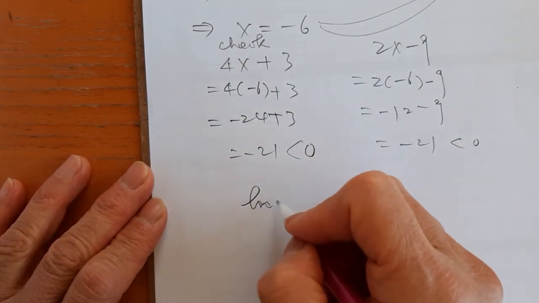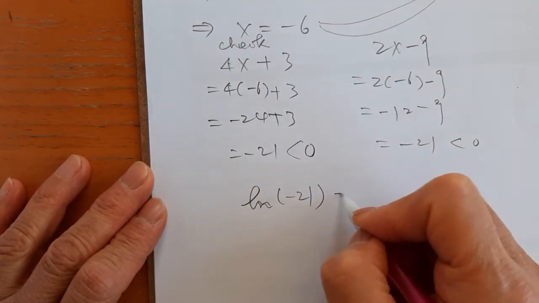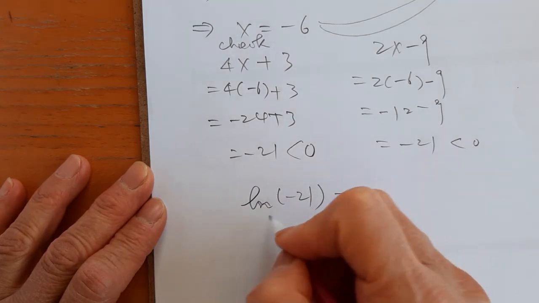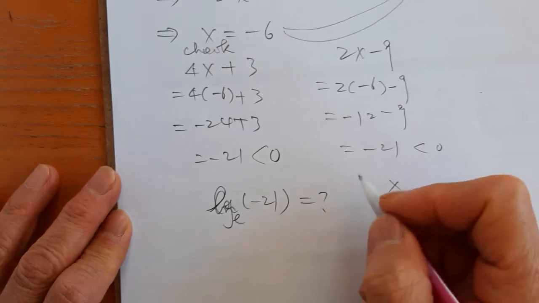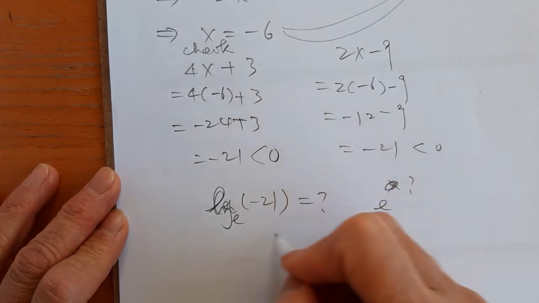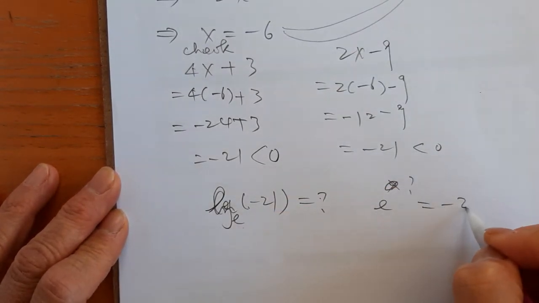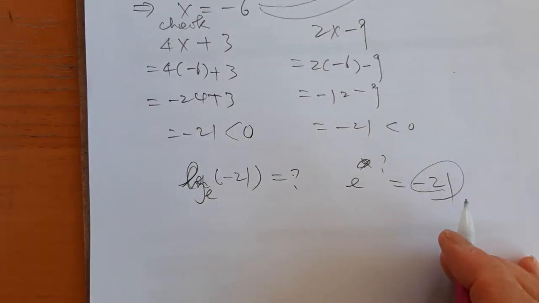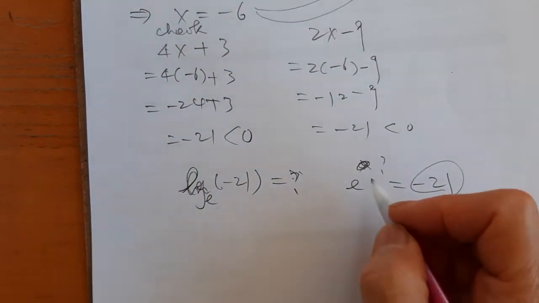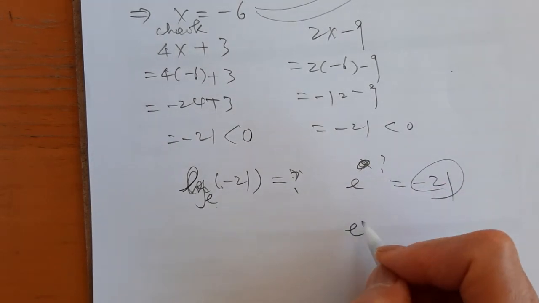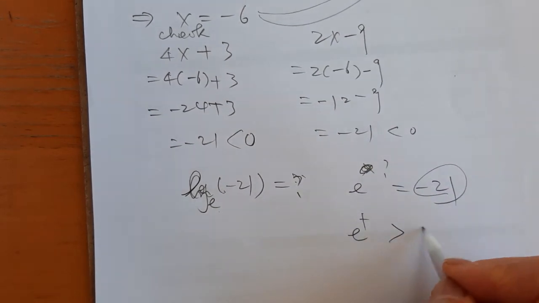And since they are negative, for a logarithm function, if the argument is negative, there's no answer. Like this, log base e: e to the power what equals a negative? Never. There's no such number. Because e to the power positive 1 is positive, e to the power 0 equals 1, and e is about 2.7.